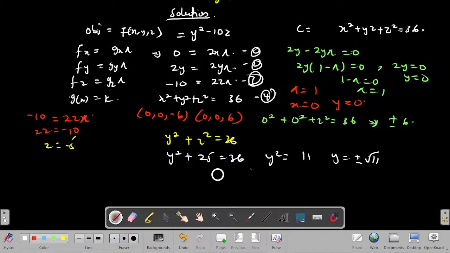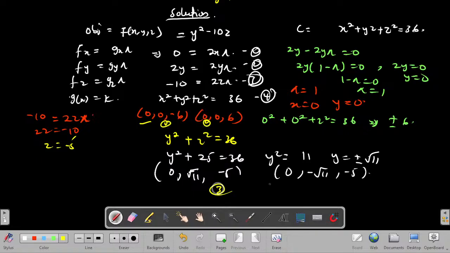So the next point is x to be 0, y to be positive root 11, and I can have 0, negative root 11, and so on. So we have four separate points: point number 1, number 2, number 3, number 4.